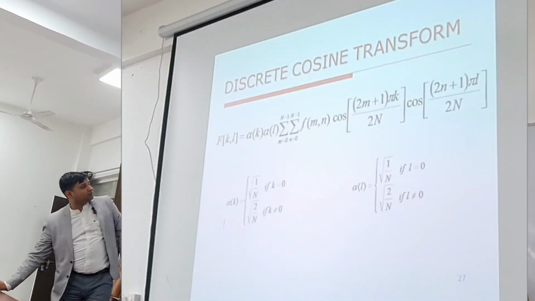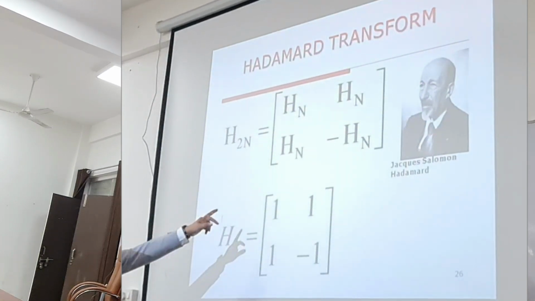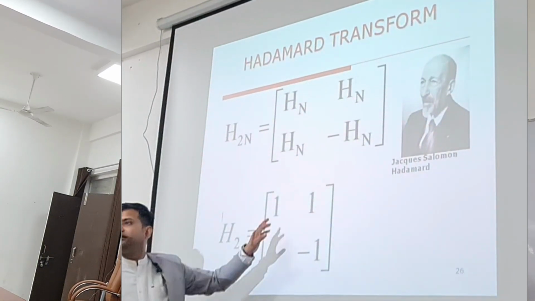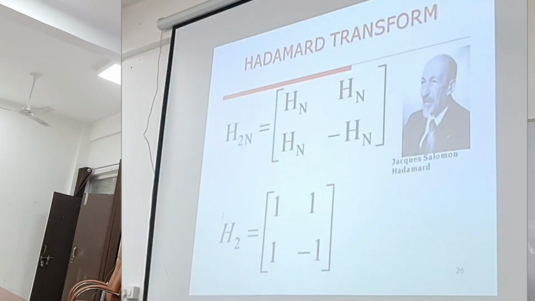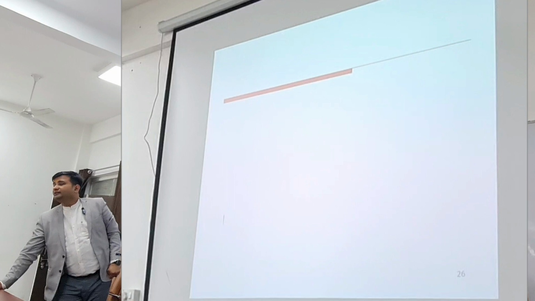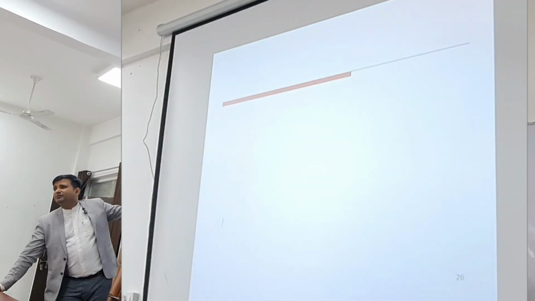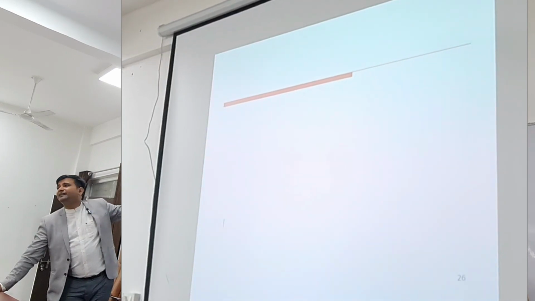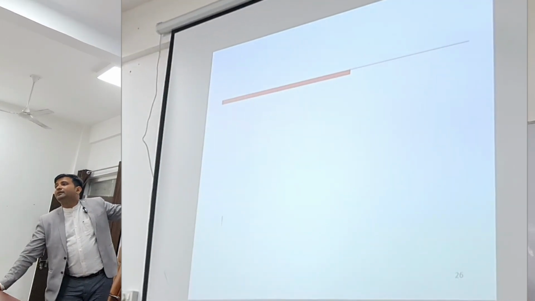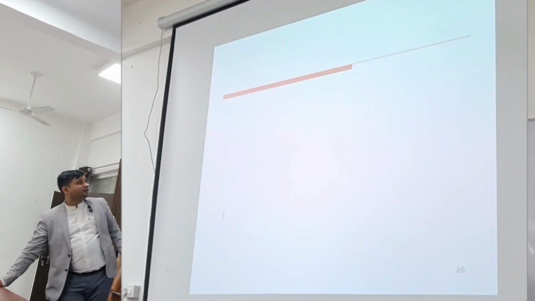This can also be represented. This is standard. This is the Hadamard basis function. This is the basic criteria for the Hadamard basis, and these are the basic properties of Hadamard. I am not giving the detail. I am just giving a brief introduction about the basis of the different transforms.